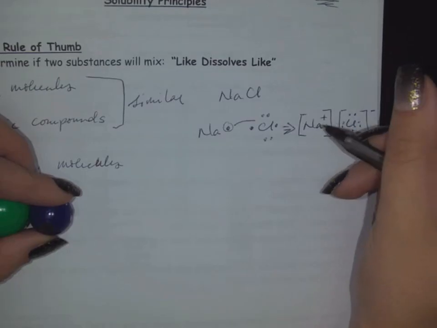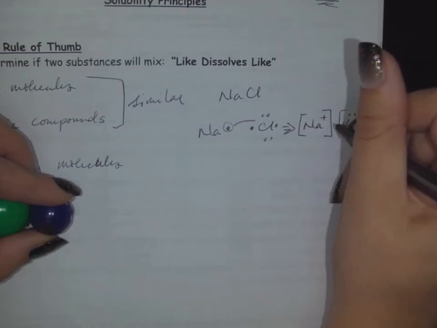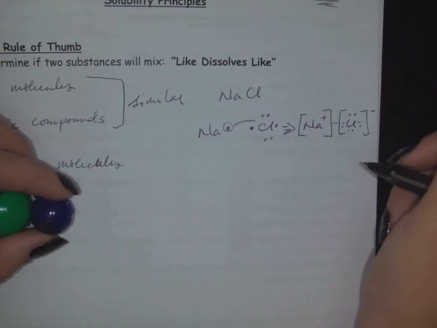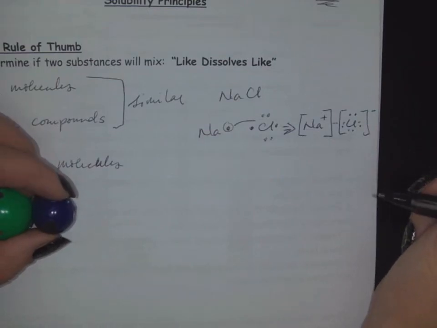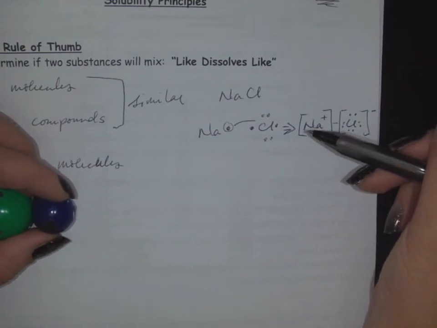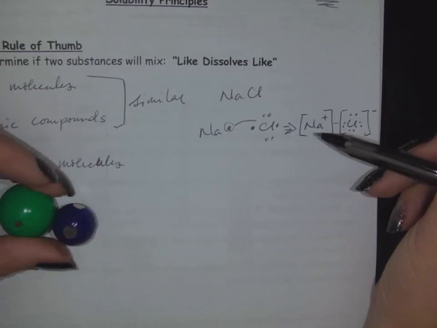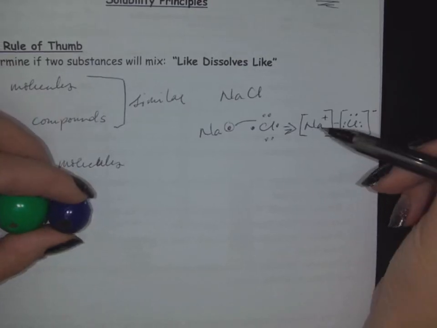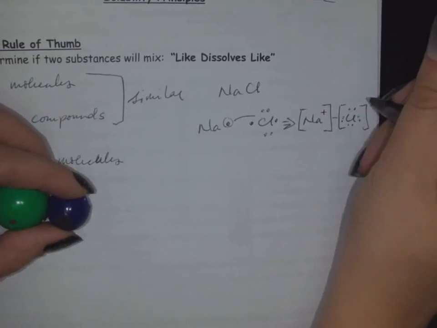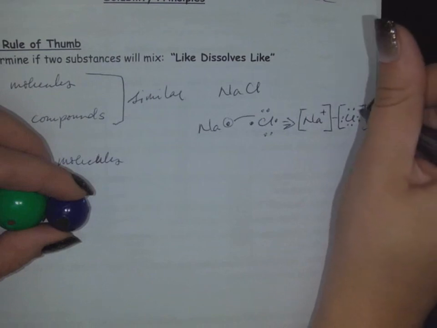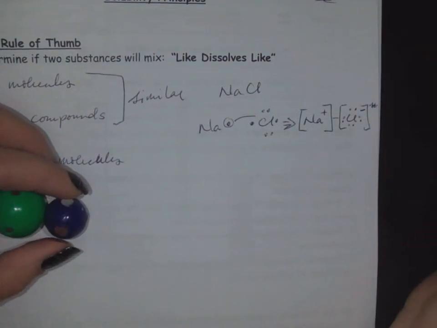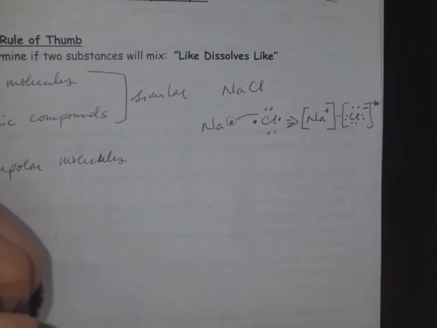And then all of a sudden there's a positive thing and a negative thing, and there's an attraction between them. That's the ionic bond. It's that attraction. But what I want to show you here is that in ionic compounds, we have positive cations and we have negative anions. Okay? So these positives and these negative things.